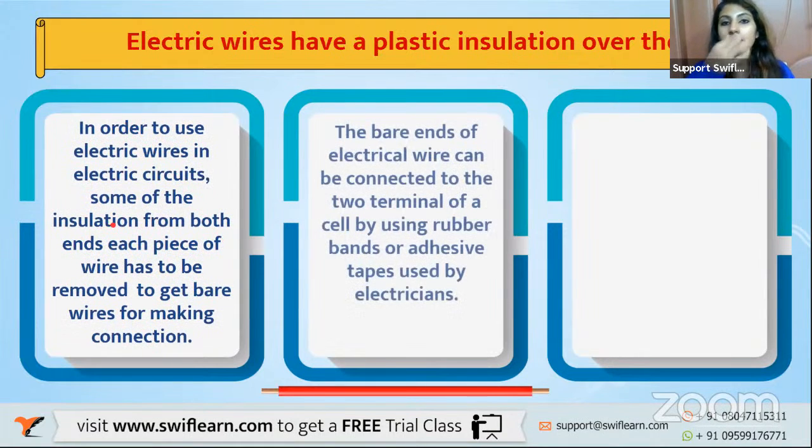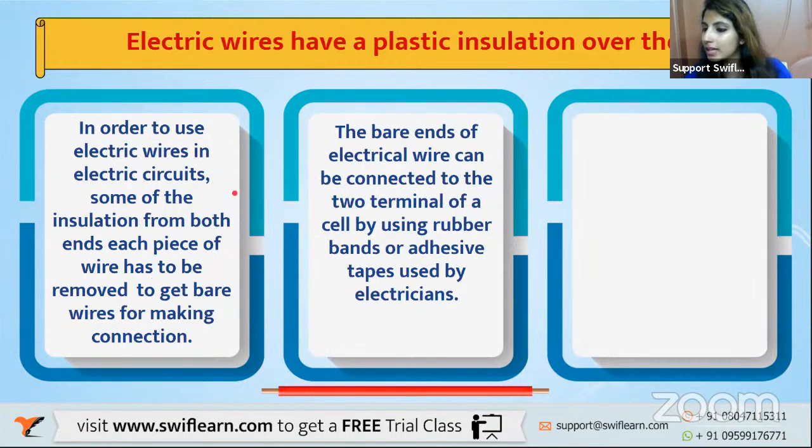Understood? Now, the bare end of the electric wire can be connected to the two terminals of a cell. There are two terminals of a cell, and it can be connected by using a rubber band or adhesive tape used by electricians. So that is how we will connect the bare ends of the insulated wires to the terminals. Understood, children?